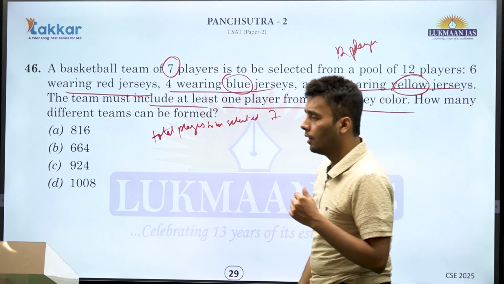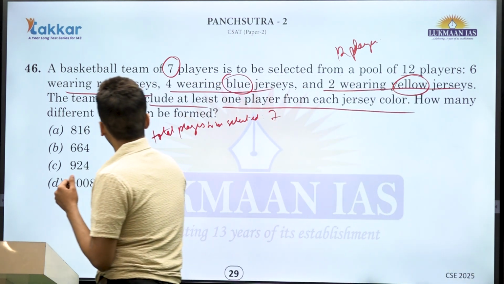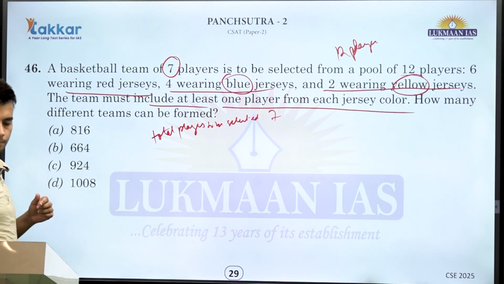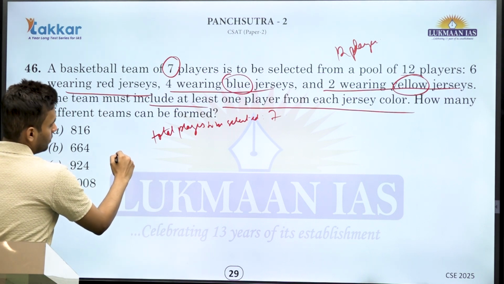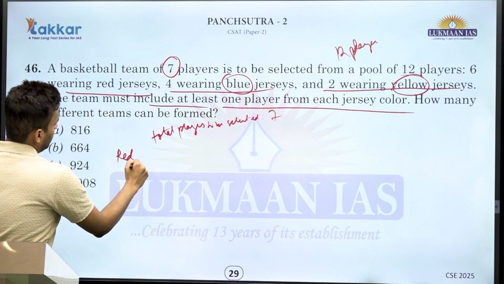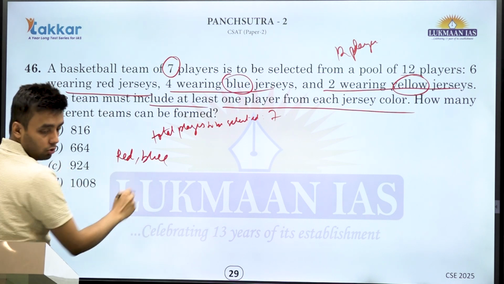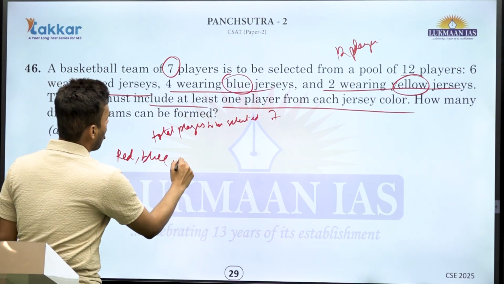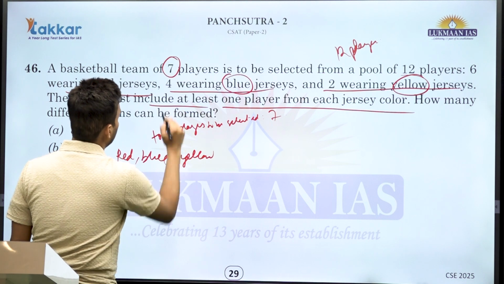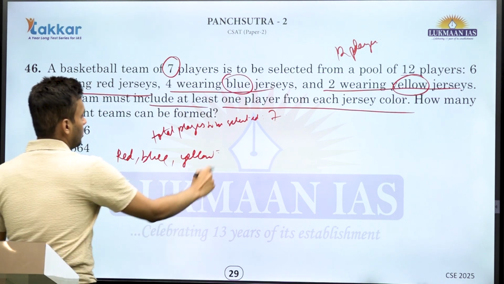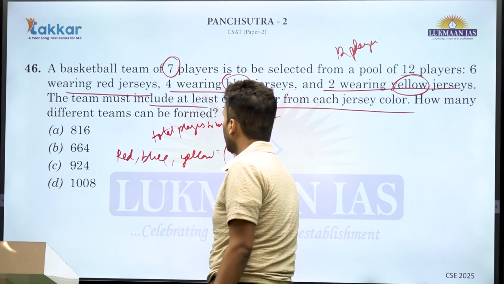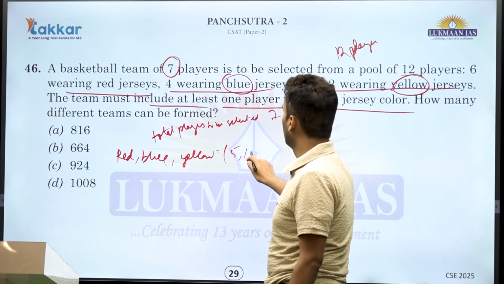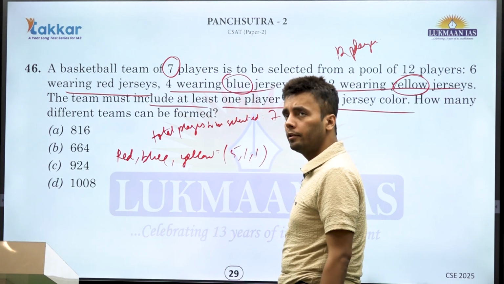So this is a permutation combination question. So let's check. For red, blue, and yellow, how many combinations can be formed based on the above question? The first combination can be 5 red, 1 blue, and 1 yellow.